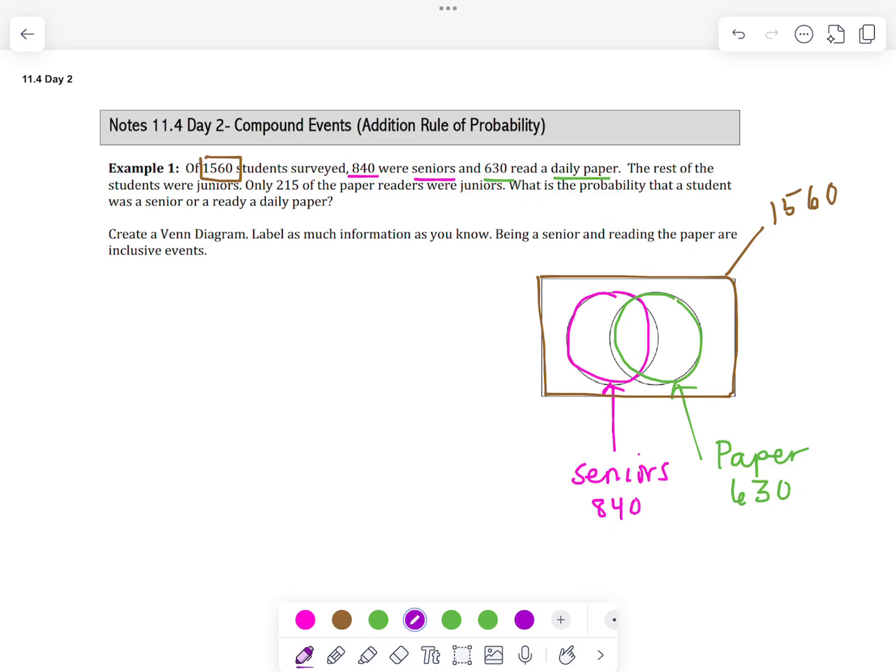Then it says the rest of the students that were surveyed are going to be the juniors. So if we had 1,560 students that were surveyed, and we subtract 840, there are 720 juniors.